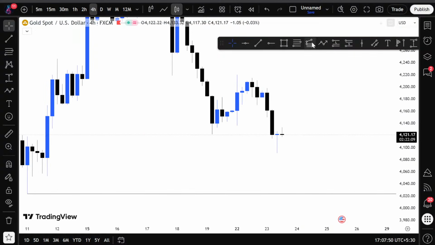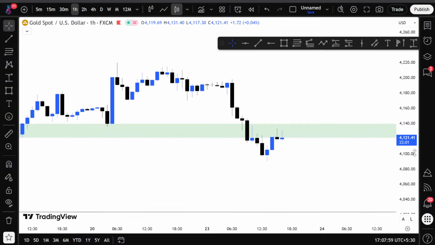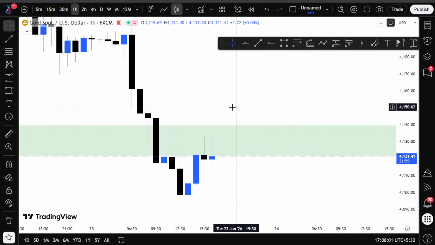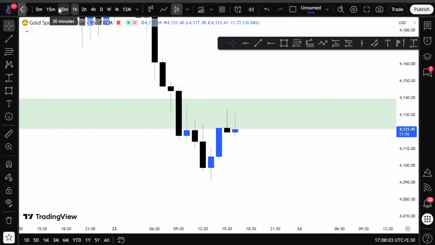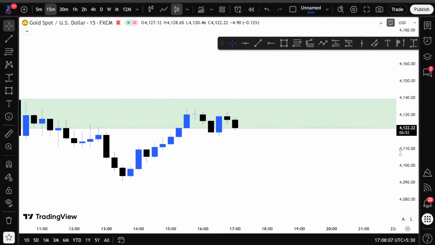So price is trying to reject from here, so we will be looking for it. 30-minute, 15-minute.